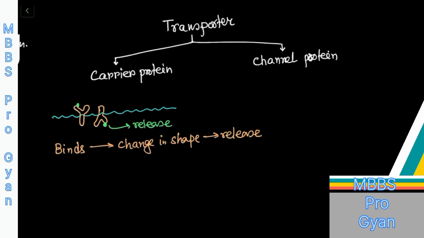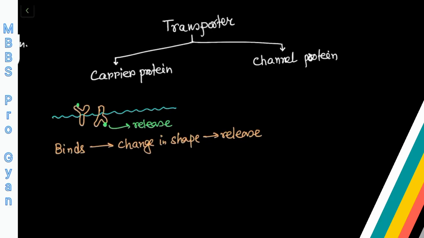The carrier protein is required not only for active transport, but also for passive transport, particularly for facilitated diffusion. I'll be discussing this in detail. But for the time being, remember that carrier proteins are helpful not only for active transport, but also for passive transport like facilitated diffusion.